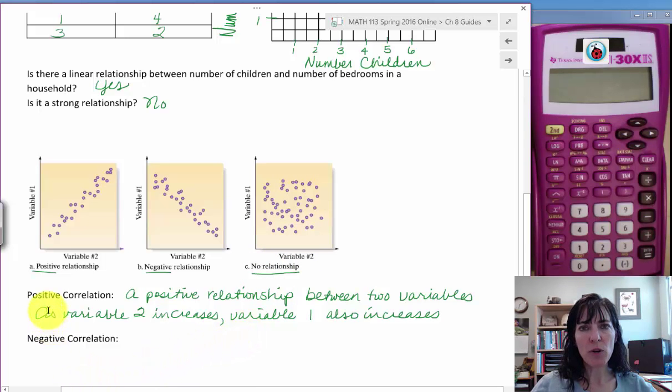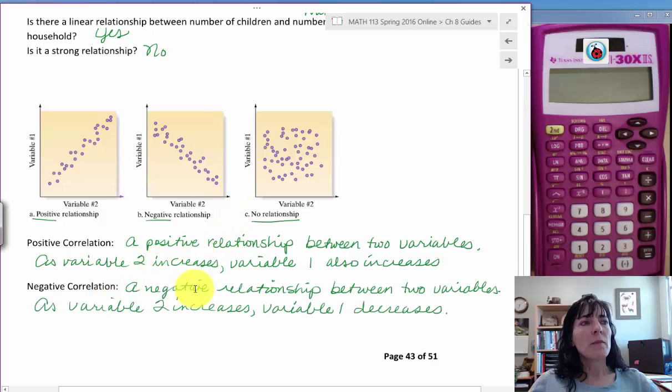A positive correlation means that there is a positive relationship between two variables. And in our picture, as variable 2 increases, variable 1 also increases. And that was our first graph. A negative correlation is a negative relationship between two variables.